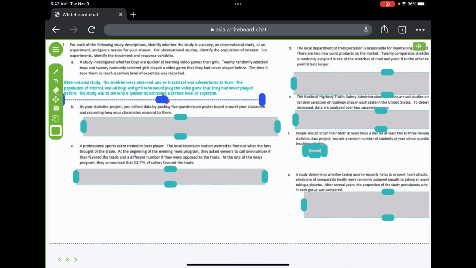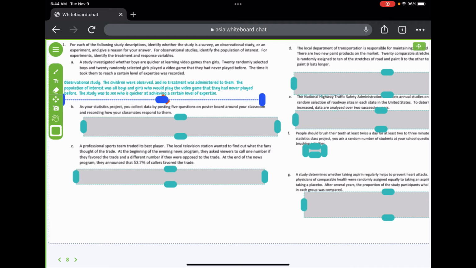The children were observed and no treatment was administered to them. The population of interest was all boys and girls who would play the video game that they had never played before. The study was to see who was quicker at achieving a certain level of expertise.